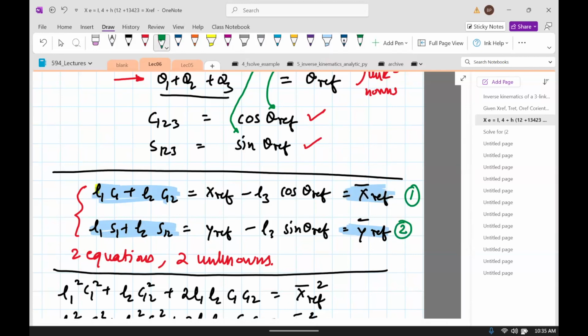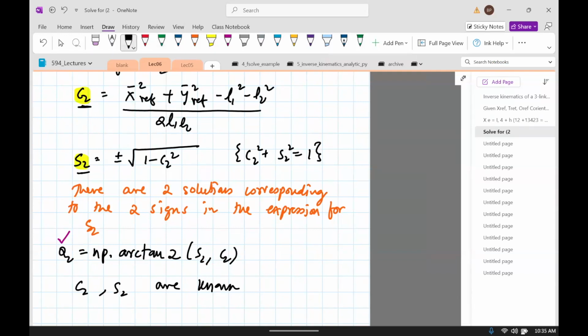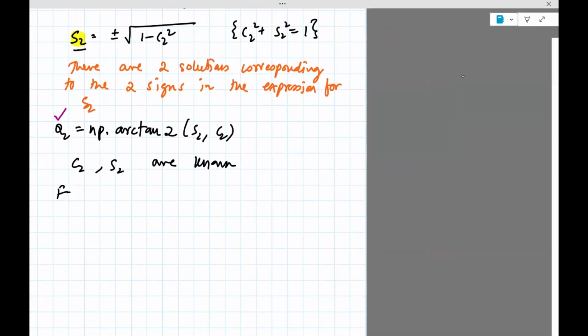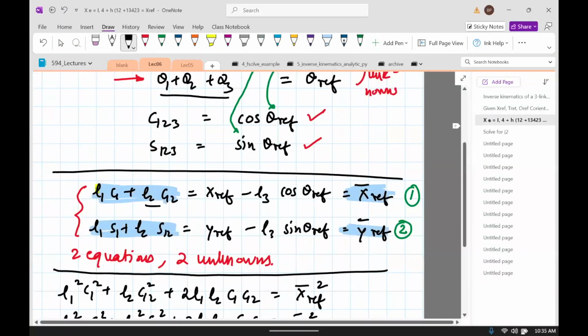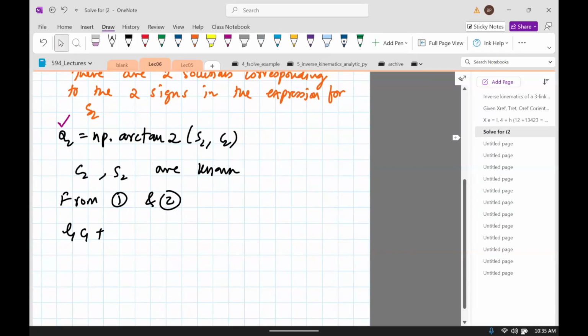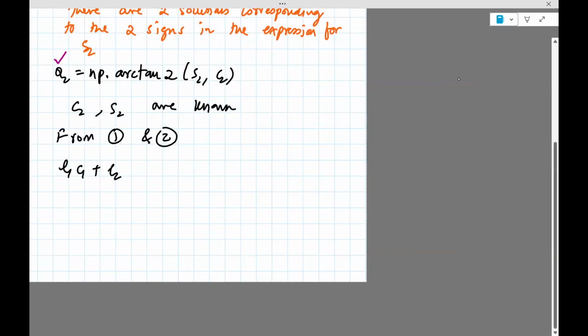I'm going to rewrite 1 and 2 based on the fact that I know cosine theta 2 and sine theta 2, which are numerical values I've already computed. So from 1: L1 C1 plus L2 C12, and the expansion of C12 is C1 C2 minus S1 S2, equals x bar ref. And then the second one is like this.